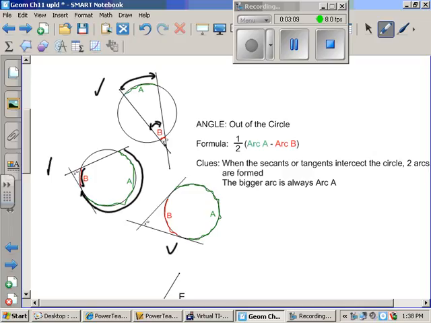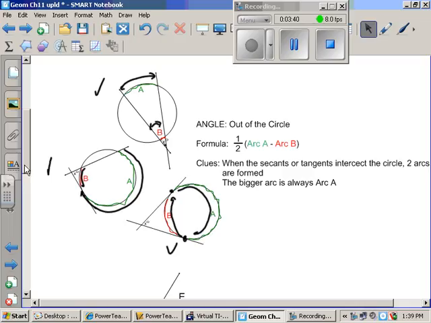And when you have two tangents, that includes the entire circle, so A and B are always going to equal 360. A is from this tangent point around to that one, and B is the rest of the circle the other way around. Again, it's always larger arc minus smaller arc, divided by 2.